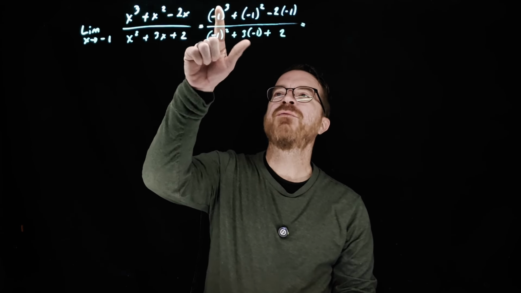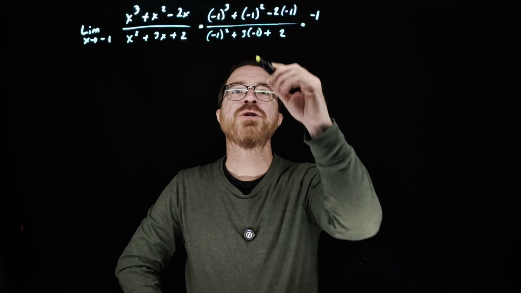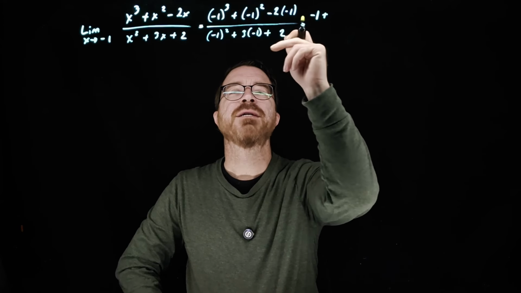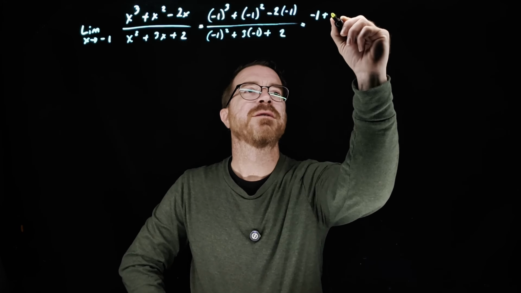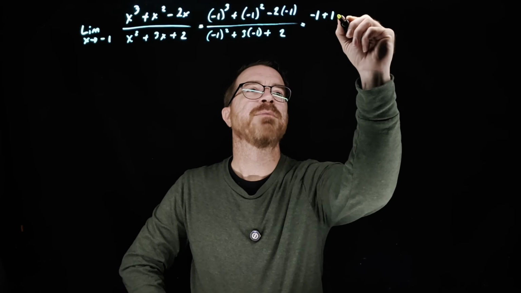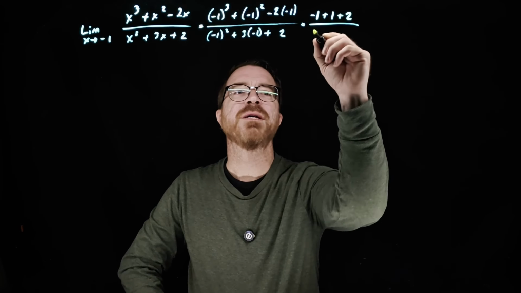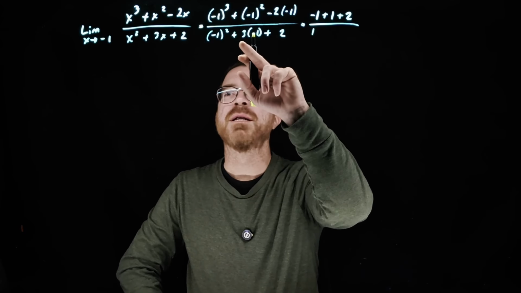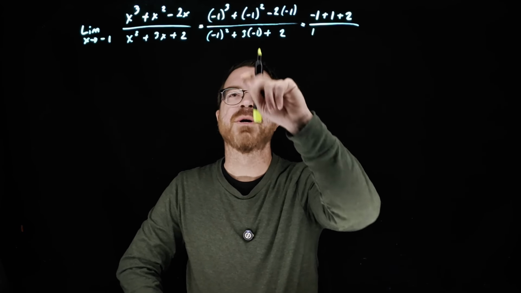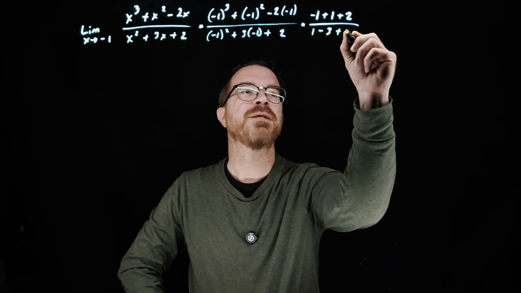Negative 1 cubed is going to be negative 1 because it's an odd function. Negative 1 squared is going to be positive 1 because it's an even function. So this could be 1 minus 2 times negative 1, so plus 2, divided by negative 1 squared, which is positive 1, plus 3 times minus 1, which is minus 3, plus 2.